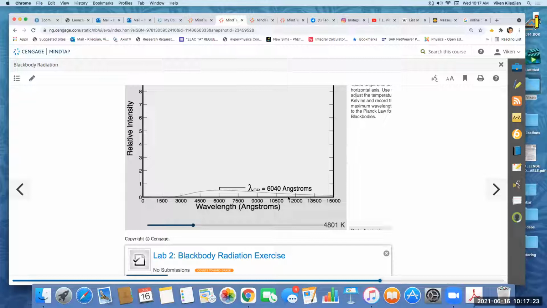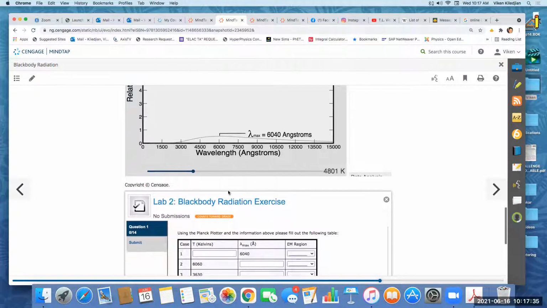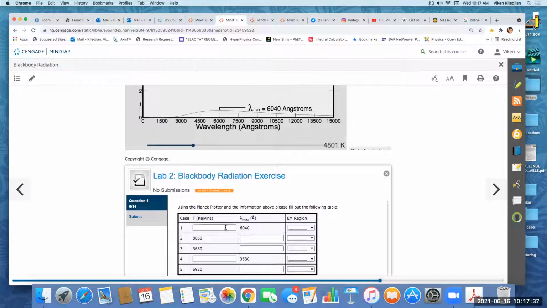But again, it will dominate in the visible spectrum. It will mainly be a visible star, you see. So then you put the number, let's say 4801, electromagnetic spectrum, it's visible.